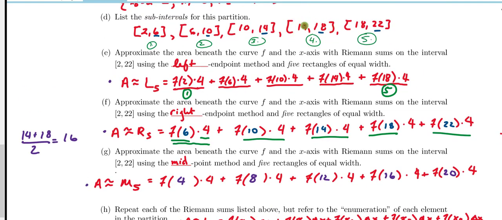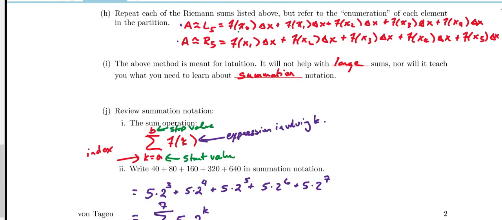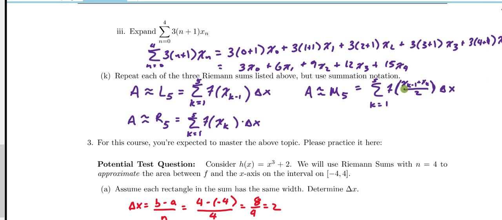I took 14 and I took 18, so I took the two endpoints of that interval and divided by 2. You'll notice that that is precisely what we're doing right here. For the first rectangle, we'll take x of 0 plus x of 1, that's the sum of the two endpoints of that first subinterval, and divide by 2.